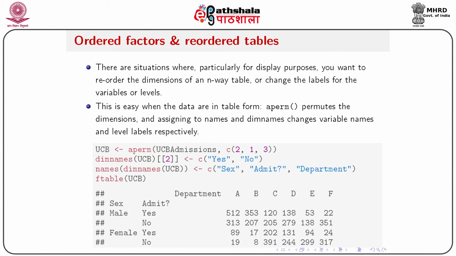That will rearrange the complete table. Before that, display the UCBAdmissions first, and then you see how it is done. Then you can understand the difference between the UCBAdmissions data and UCB after aperm.